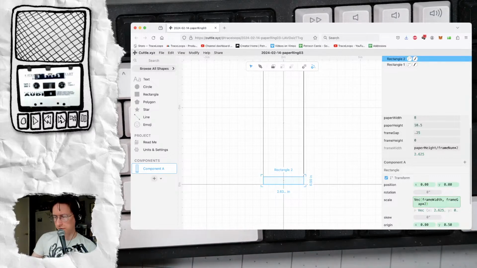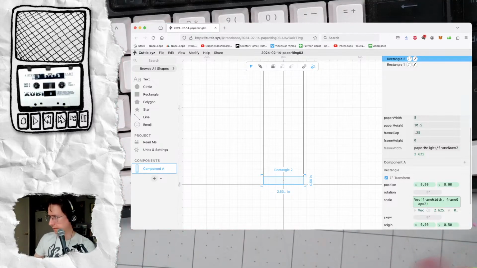Let me just write this down, how many frame gaps I have. 1, 2.